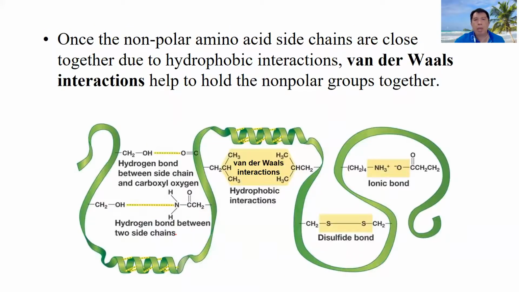Once the non-polar amino acid side chains are close together due to the hydrophobic interaction, van der Waals interactions help to hold the non-polar groups together. This is what I explained just now. Another example is the lipid, the fat molecule we studied previously. Fat molecules have long hydrocarbon chains, the fatty acids. When they come into close contact, they form these strong van der Waals interactions, bringing the fat molecules together. Therefore saturated fat tends to be solid at room temperature. This is due to van der Waals interactions.